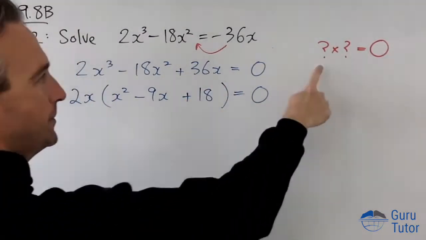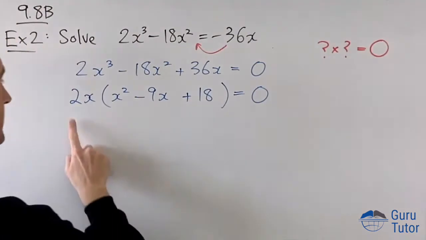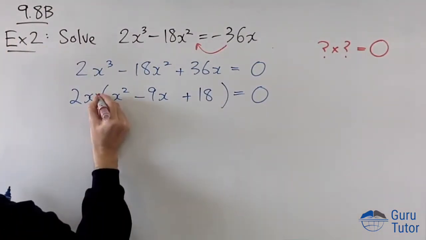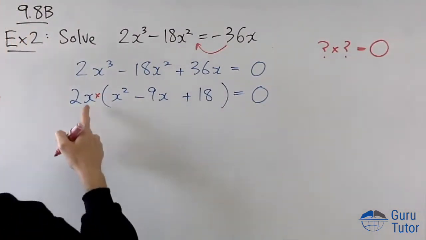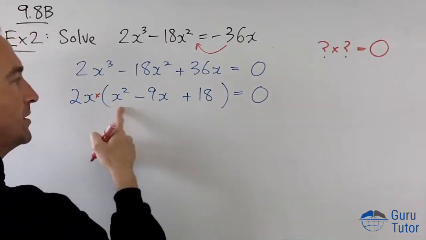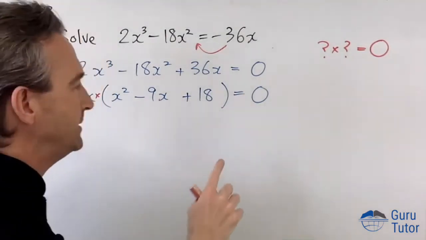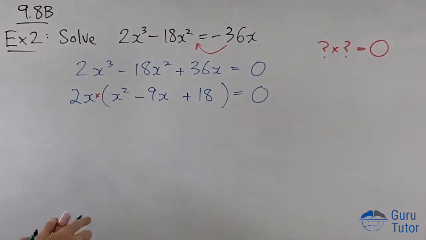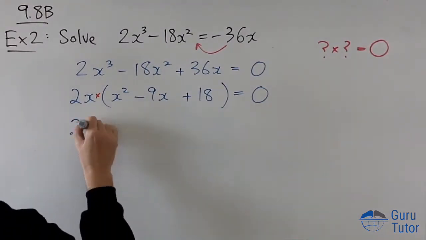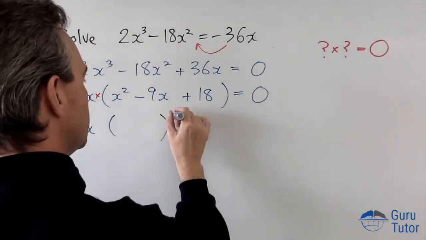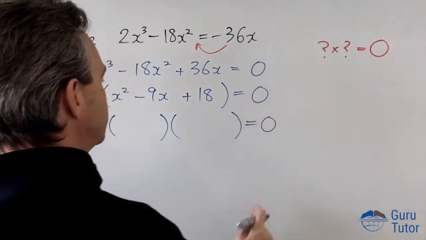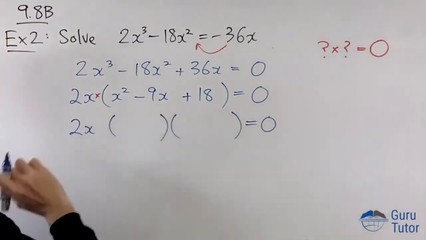And there we go. So we've got something times something equals 0. So this could be 0 or this could be 0. But wait, can this factor anymore? Yes, this can factor. Here we can factor this trinomial. What is it going to factor into?